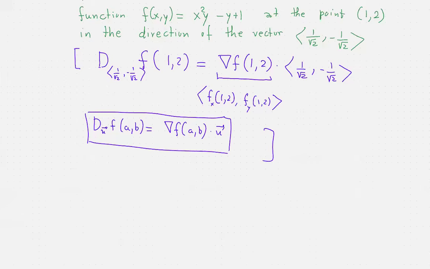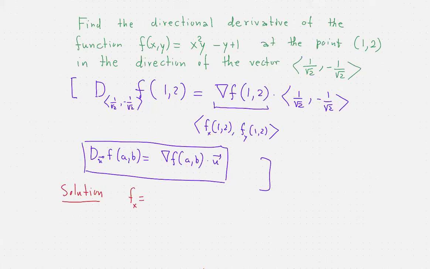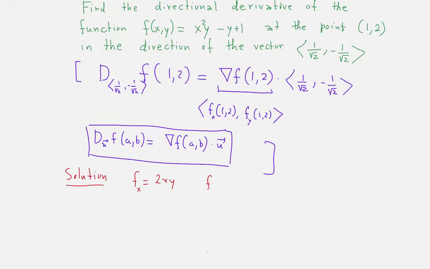Start by finding the derivatives. So f sub x is equal to 2xy, which means that f sub x at (1, 2) is going to be equal to 4.